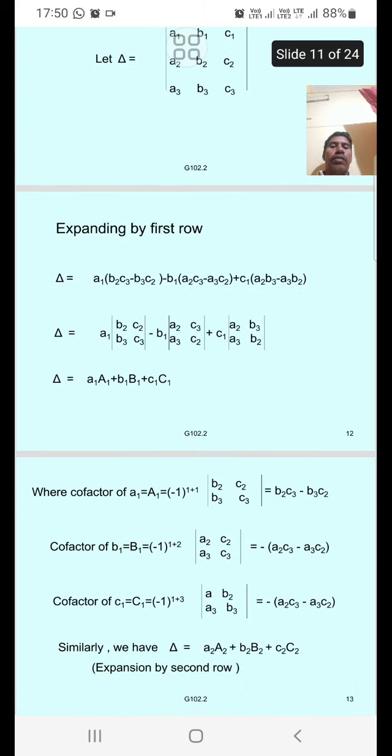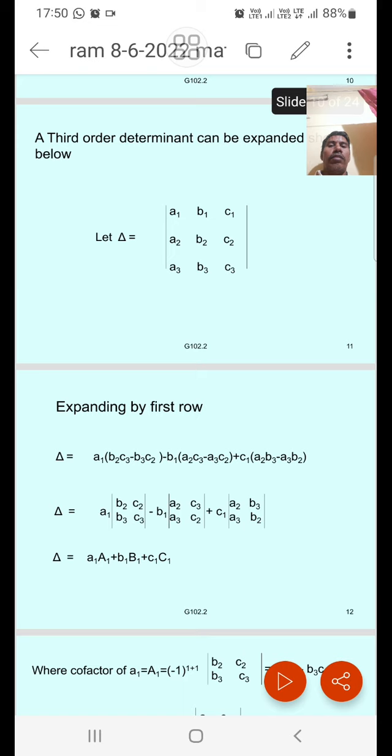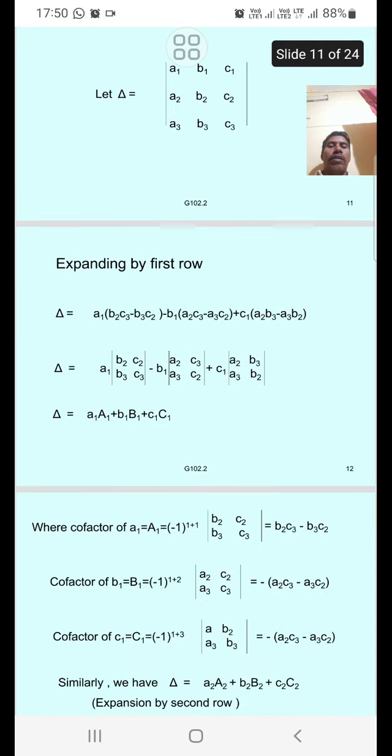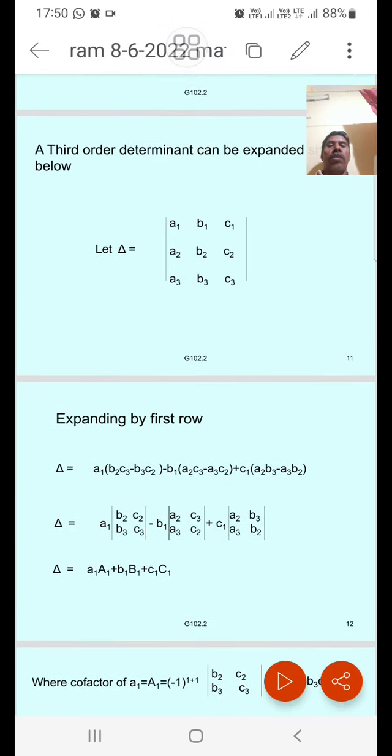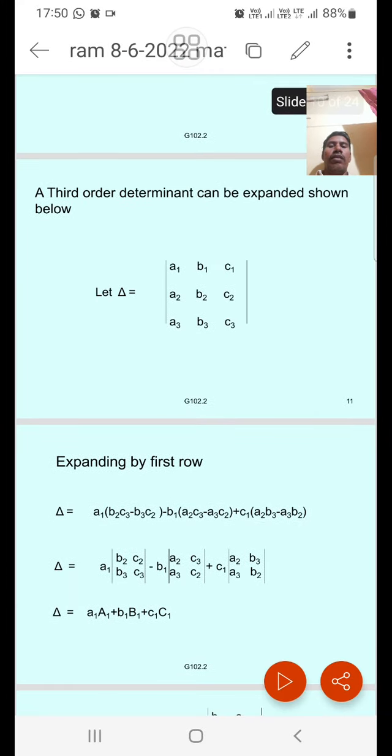with suitable example, and we can also see like a formula also, because generally it is expressed with a1 b1 c1 a2 b2 c2 a3 b3 c3.